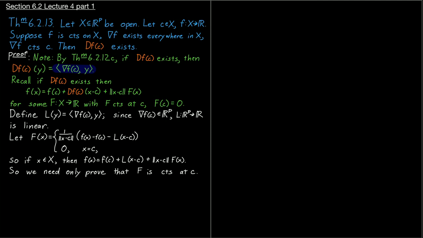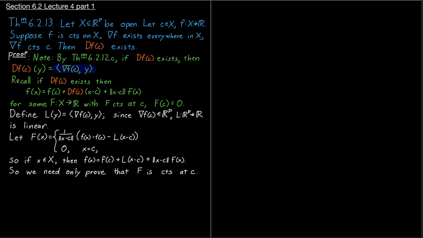And then we'll know that f is differentiable at c with derivative L. By the previous proposition, we know the derivative is unique and all these other wonderful things. So in particular, we'll know that the derivative exists.